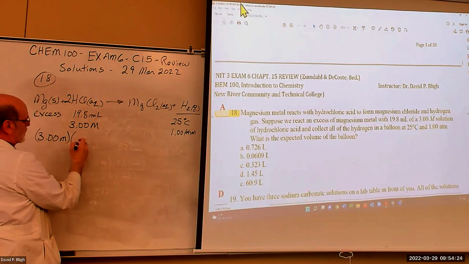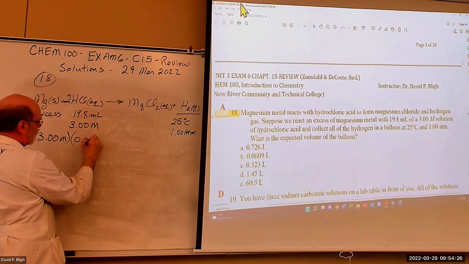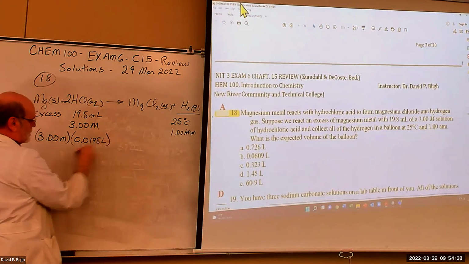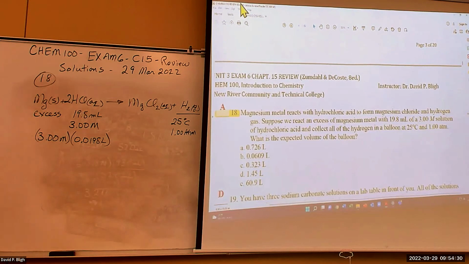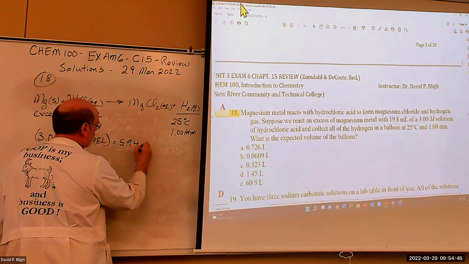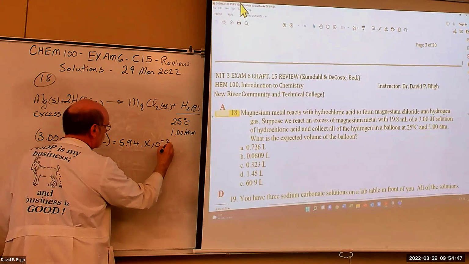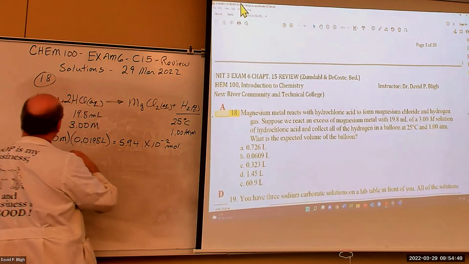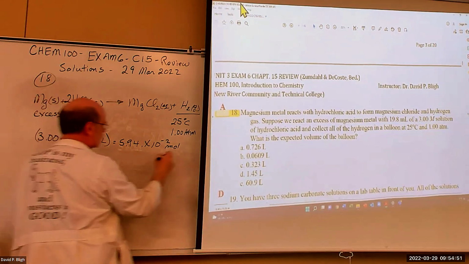Then you need the volume, 0.0198 liters, to give you moles. 5.94 times 10 to the minus 2 moles of HCl.